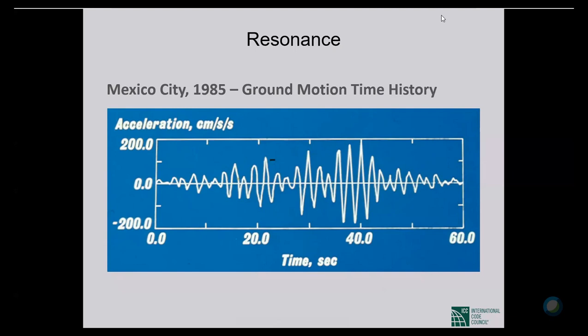The point is that the accelerogram does not look anything like a typical accelerogram, which I said is kind of erratic. This motion is very regular with a fairly regular period of about 2 seconds if you could measure it.